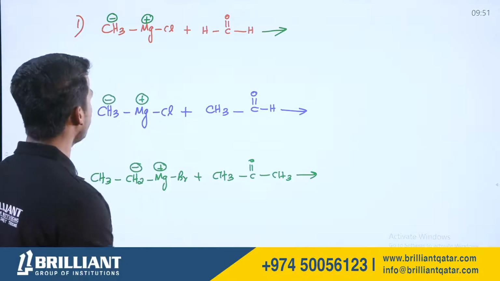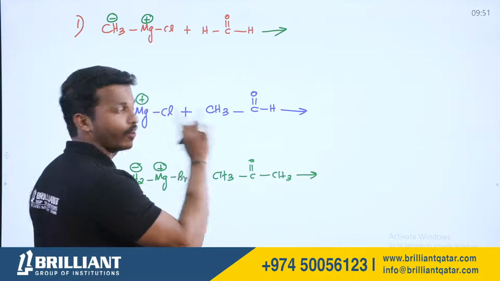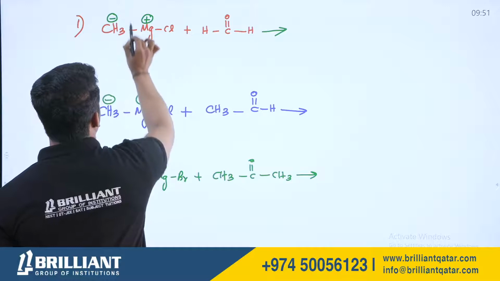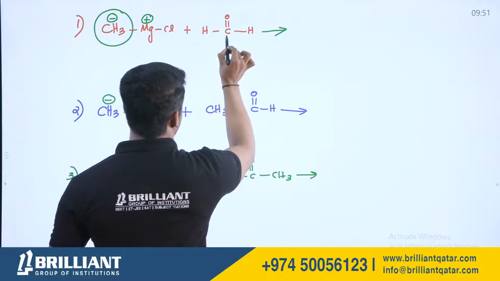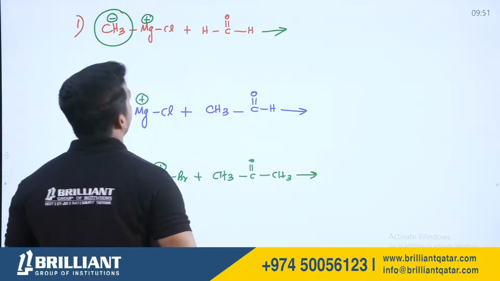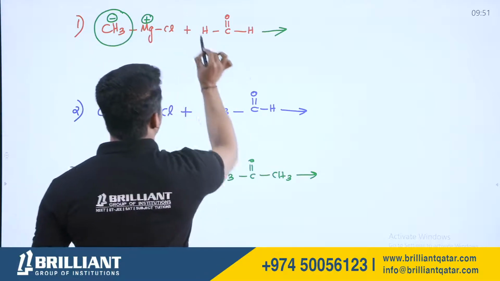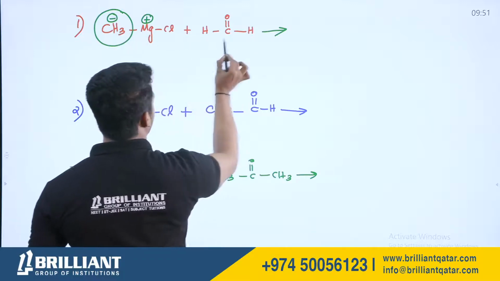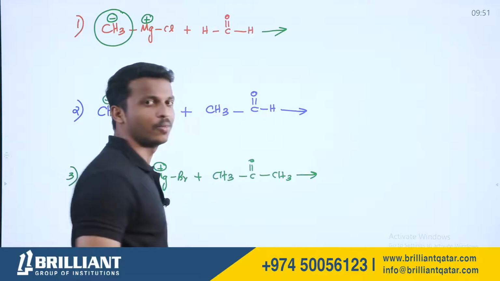Now, dear all, you know what is happening in the first step. Whatever the alkyl group is, it will come and attack this carbon, correct? The alkyl group directly will come and attack this carbon. So this CH3 group will be here, correct? And finally this O becomes OH.